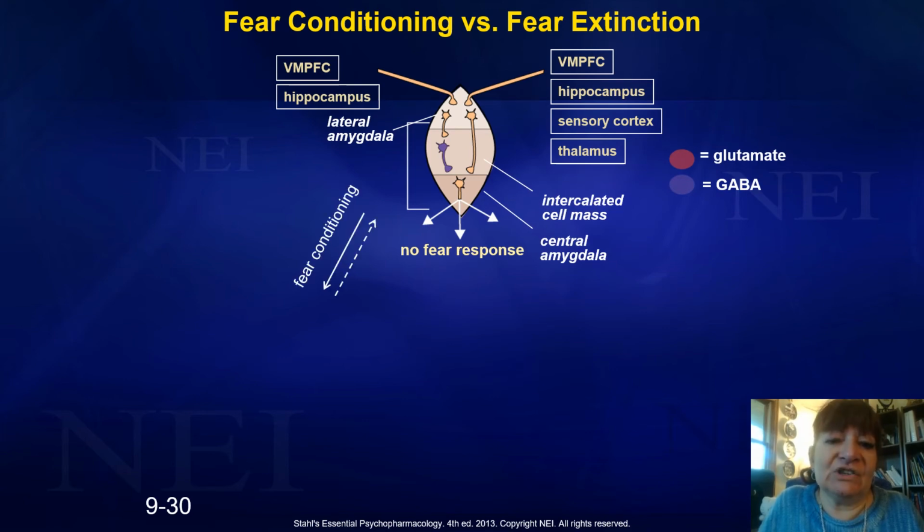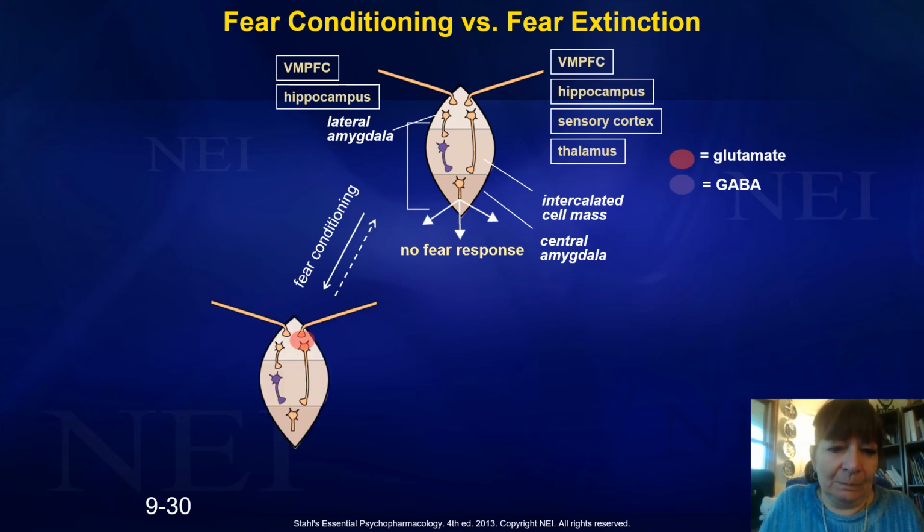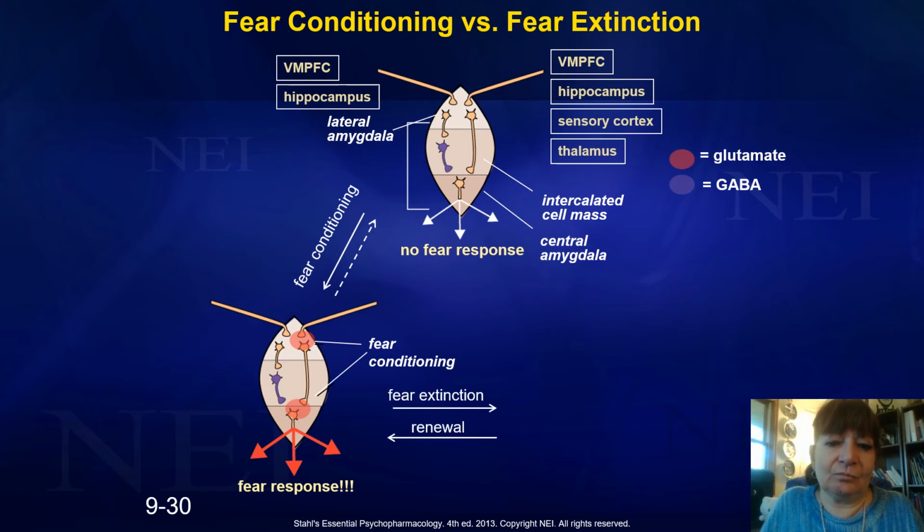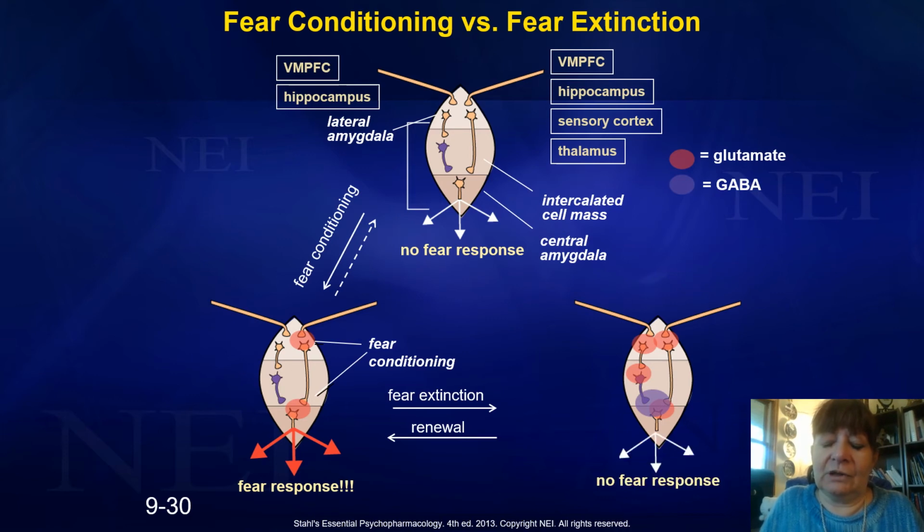On the left, we see the fear conditioning. The fear continues, the fear response continues. On the right, we're looking at fear extinction. So that the person does not have symptoms related to fear.